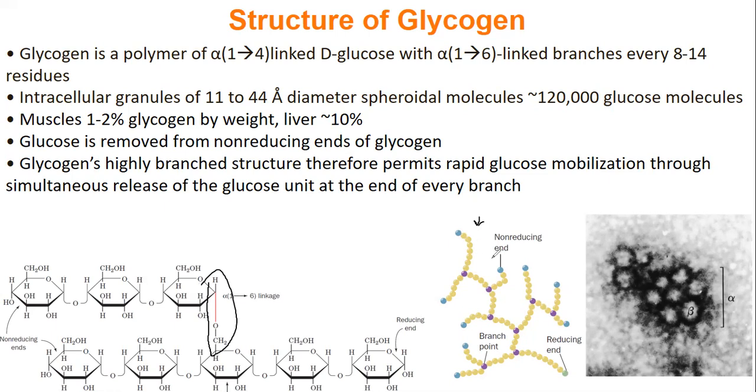All of those spheres are glucose. The purple, as pointed out, is where you have a branching event. Blue is your non-reducing end. Hopefully you remember from Biochem 1, non-reducing means no free anomeric carbon.